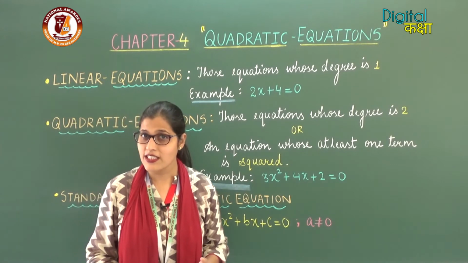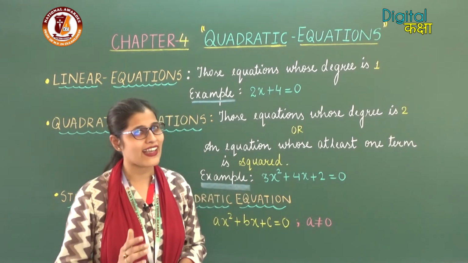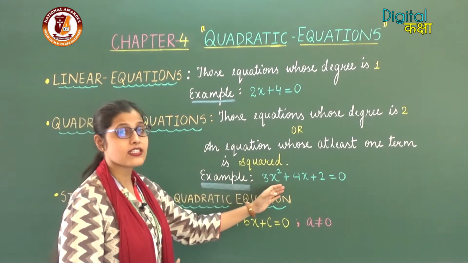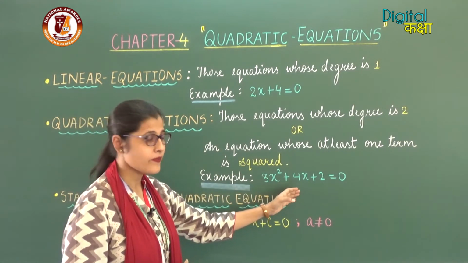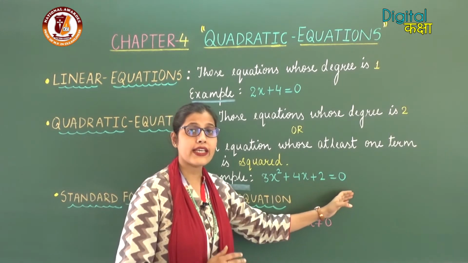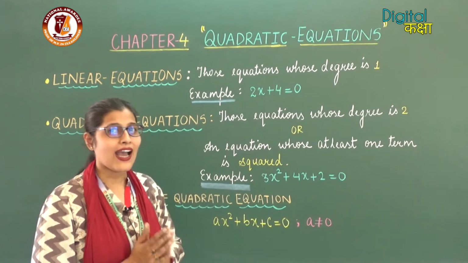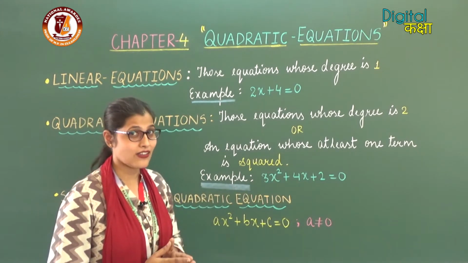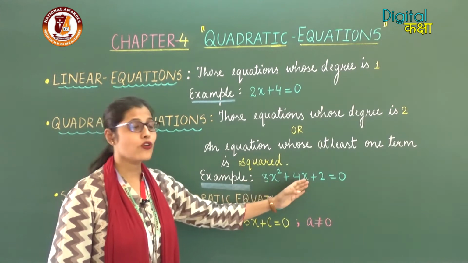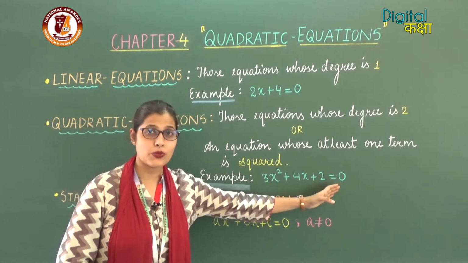Let us understand it with the help of an example. The example is 3x squared plus 4x plus 2 equals 0. As you can see, there are 3 terms which are 3x squared, 4x and 2.